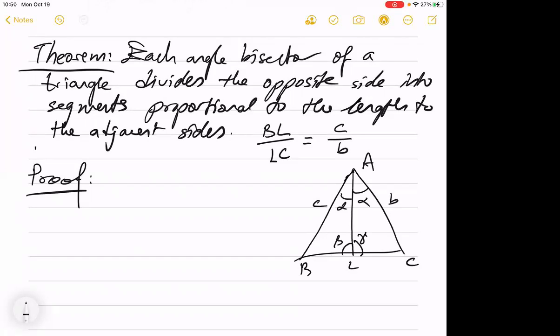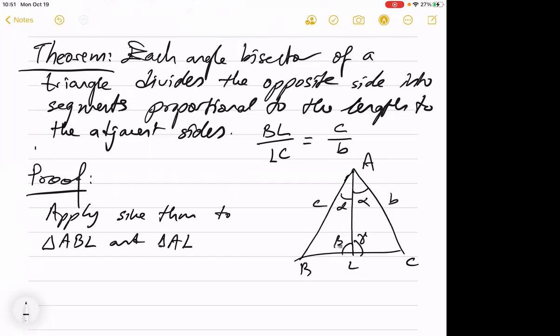And let's apply the sine theorem that we proved to the triangles ABL and ALC. So namely these two triangles, this one and the other one.